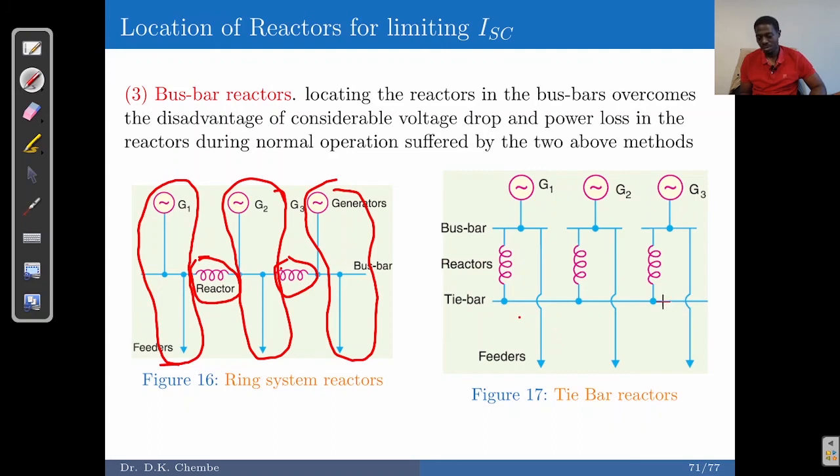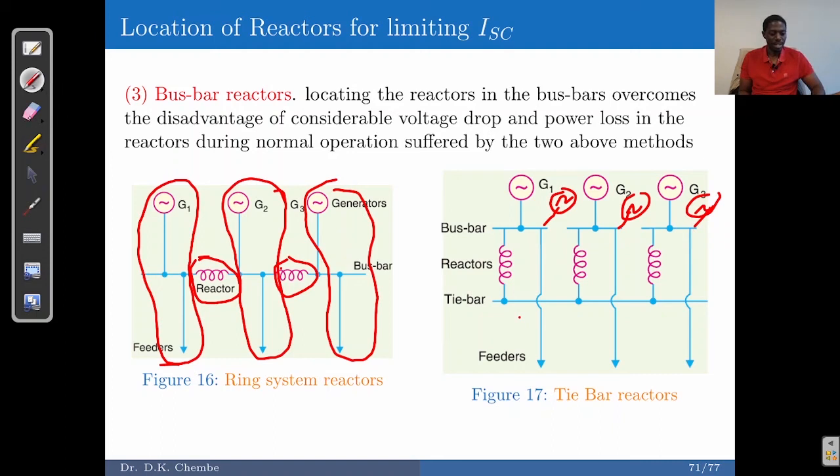This becomes a slight disadvantage of this system because you need an additional tie bar, which is a cost to the system. But in any case, additional generators can be added to this system without changing the reactors. So an additional generator can be added and it will still work just fine.